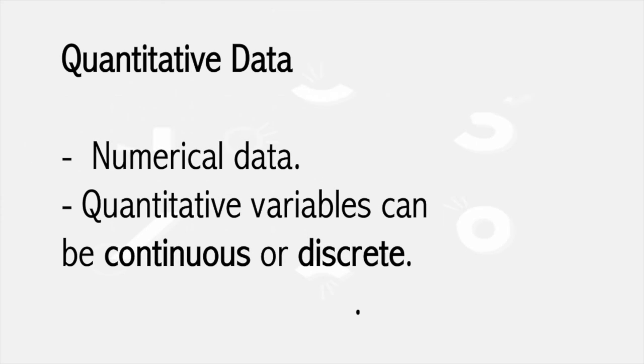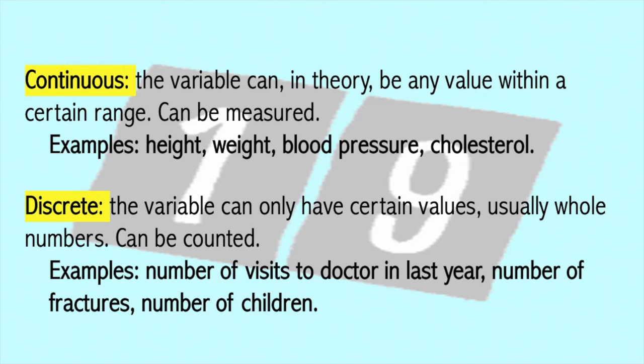Quantitative data, on the other hand, is numerical data. Quantitative data can be continuous or discrete. Continuous data are variables that can, in theory, be any value within a certain range. It can be measured.